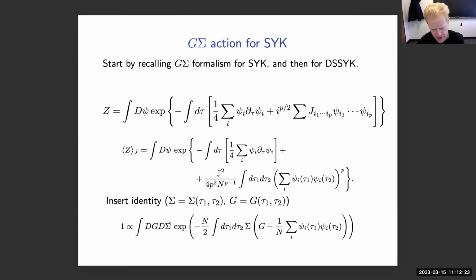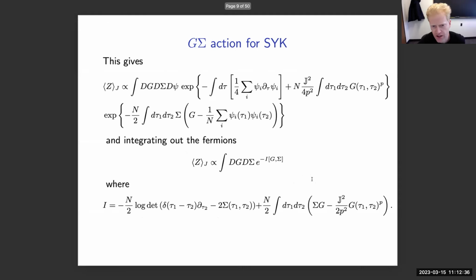Then we insert this identity, where the integral over sigma just forces G to be this bilinear in the fermions. So we can just replace the bilinear in psi by G. Now we just have G to the power P, the usual kinetic term, and this identity that forces G to be the bilinear in the fermion.